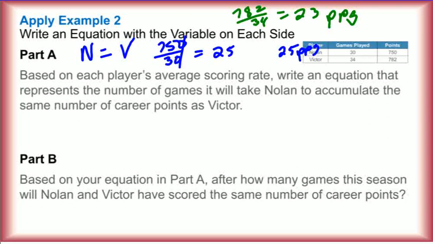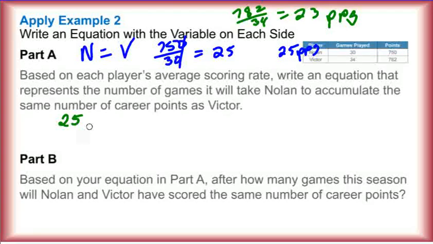Okay, I need Nolan to equal Victor. So Nolan, his was 25 points per game, and I'm going to use G for games. Any equation that represents the number of games it will take.